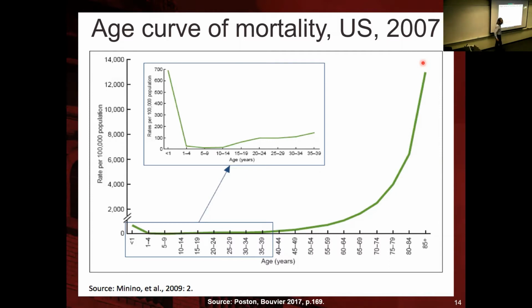The best measures to compare mortality across populations that have different age structure take into account that different age groups have different chances of dying. The first age group has higher chances than the following one, and then afterwards it starts to increase until older ages.